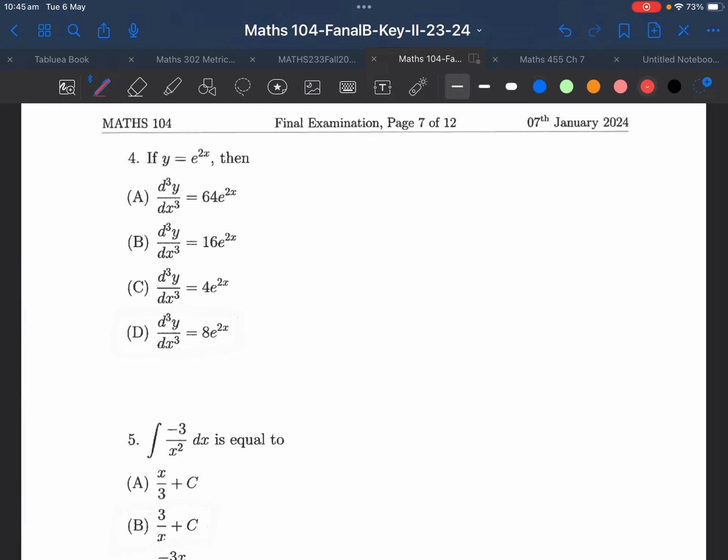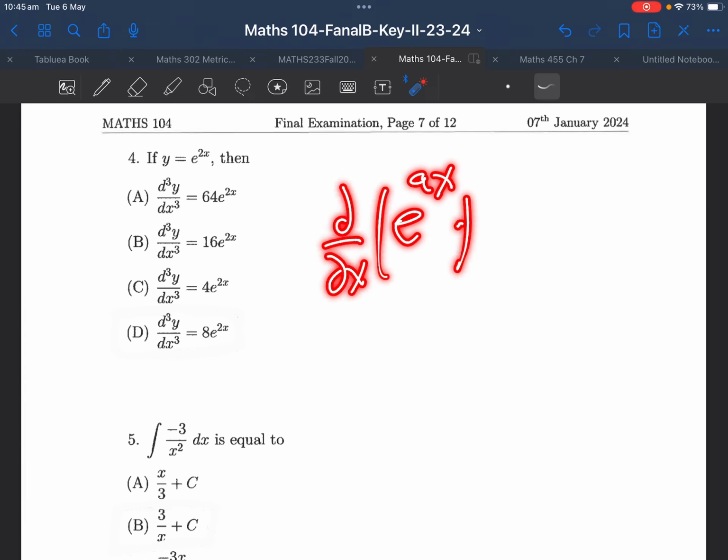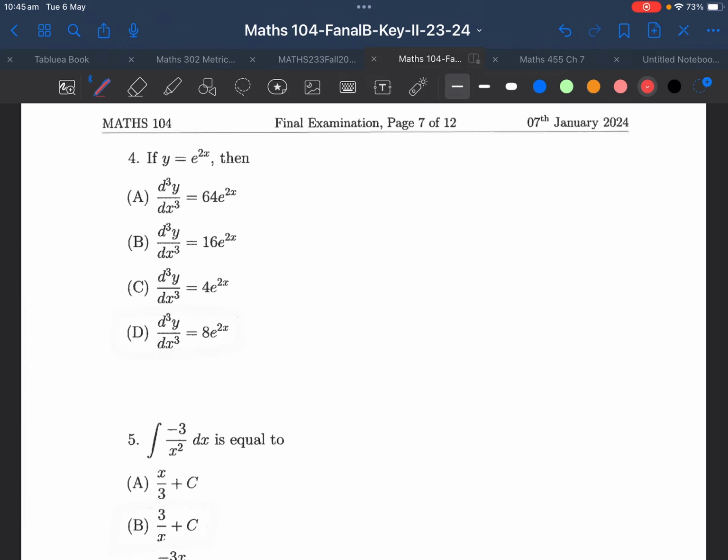Now, this is very important. Just let me remind you what is the derivative of e to the ax. We have a formula. The formula says keep the e, and now the number in front of x, you just write it down here. So if we do it, it would be y equals e to the 2x.